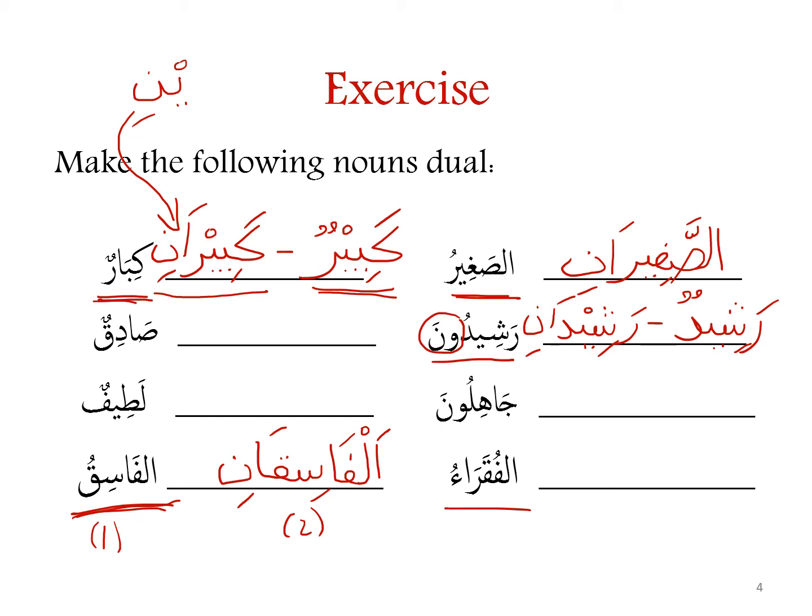Al-fuqara is the plural of al-faqiru, which means a poor person. Again, we just add the ani, or in some cases, aini ending to make it into the dual. You can try these other examples yourself, see how you go.